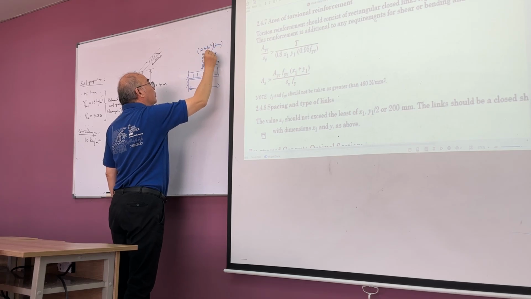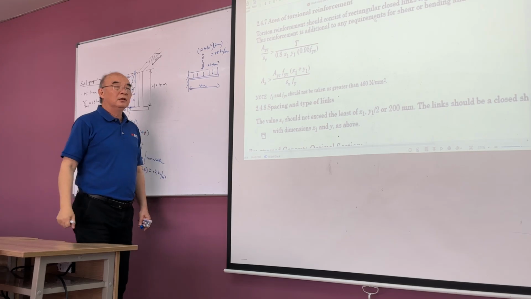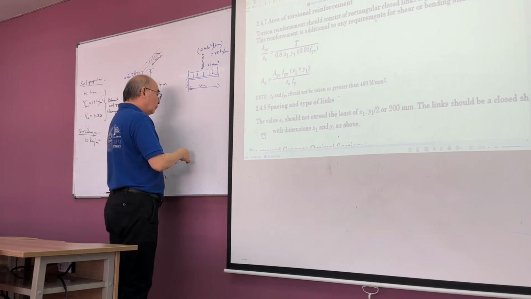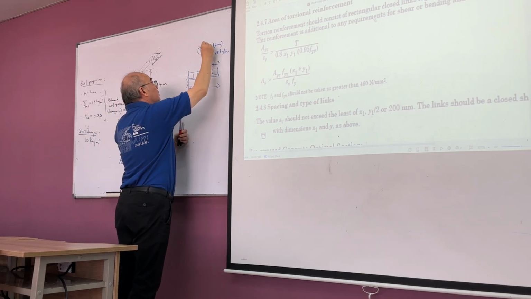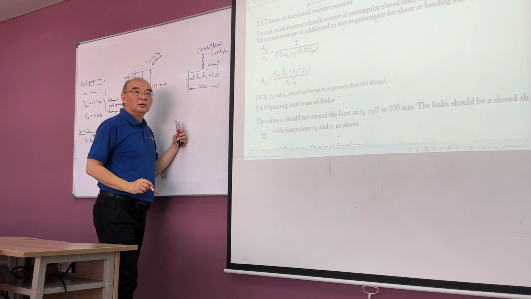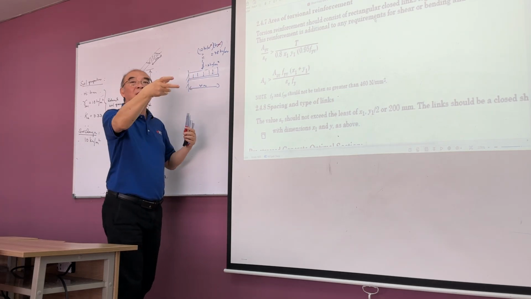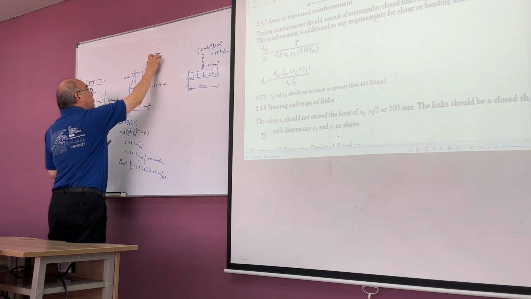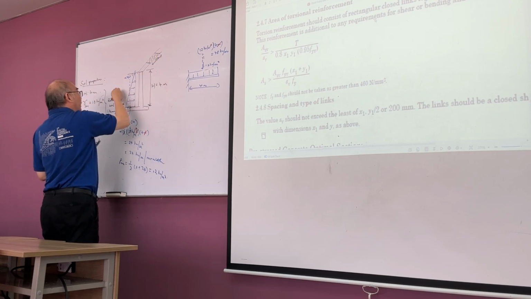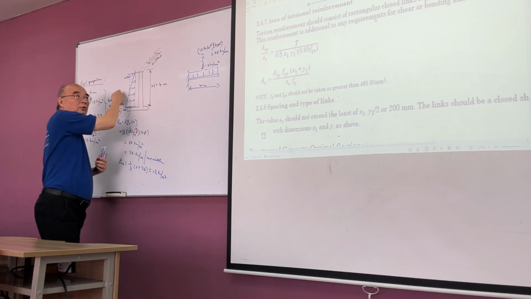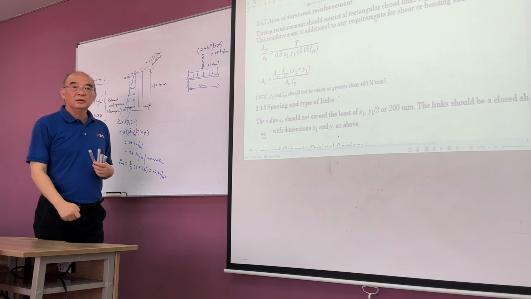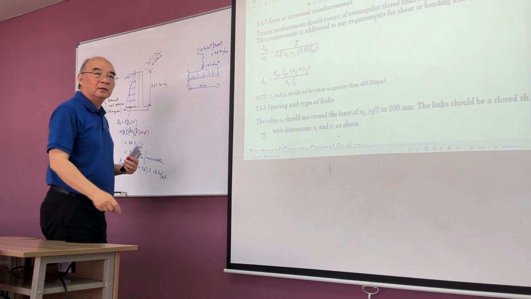So this will be 48 kilonewton per meter. Per meter width. That means each meter width here, my total load is 48 kilonewton. Understand?